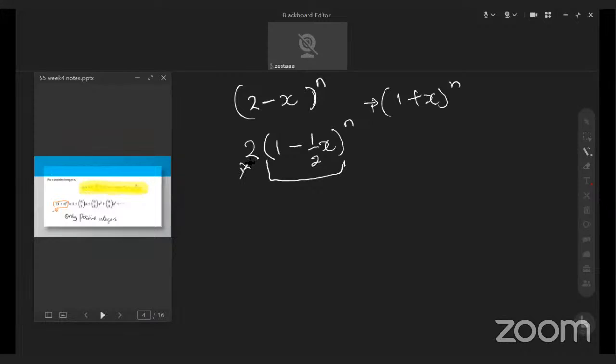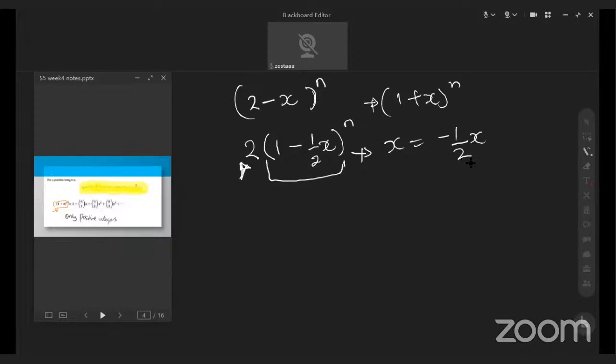Now, where trouble comes in, learners forget to multiply whatever they have expanded by this other value which is outside. Please don't forget that. Otherwise, if you're told to do substitution at some point, you're going to get the wrong result. Now, take note that when you're carrying on the calculation, your x is negative a half x.